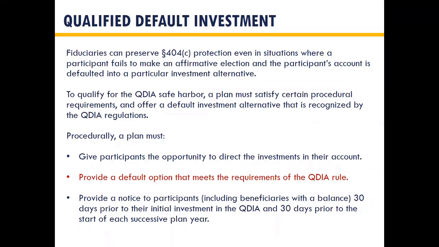Another item that figures into this is a qualified investment alternative. So we refer to it in short as QDIA. And this is simply a default investment choice such that if your plan makes contributions on behalf of a participant, there is a prudent selection for that money to get invested into, even if they fail to check the box and pick their own investment.